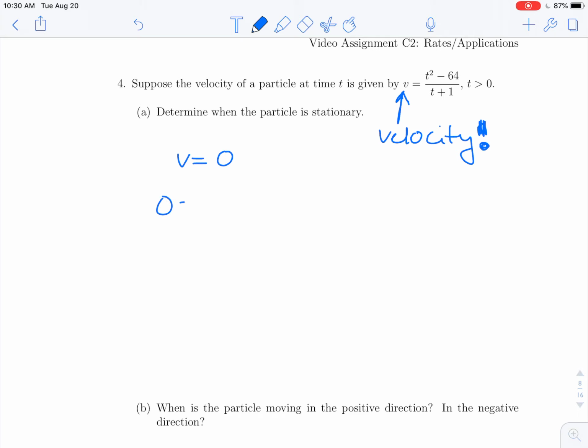So set the velocity equal to 0. 0 is equal to t squared minus 64 all over t plus 1. And the only way a fraction can work out to be 0 is if the numerator is 0. So 0 has to equal t squared minus 64.